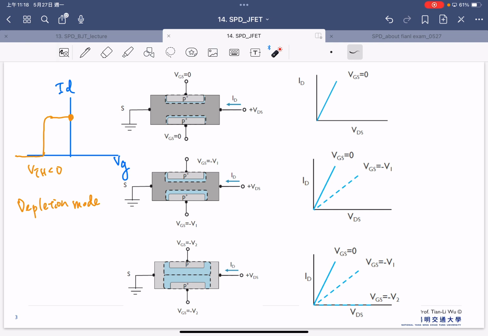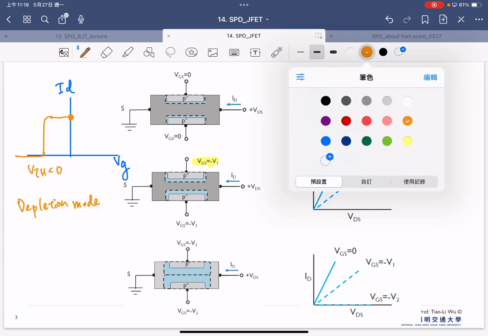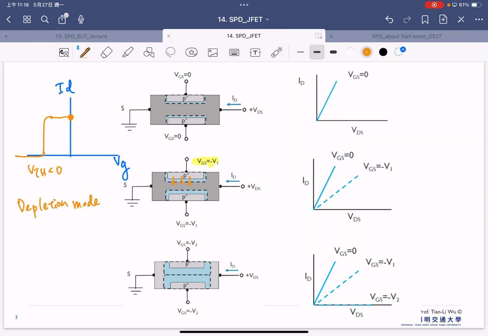So again, you have VGS equal to 0 volt, so you have very limited depletion region, so your electrons can flow from left to the right here. And once you start to apply the negative gate bias, you start to extend your depletion region. Then the electron flow in between is limited. So now you can see your current starts to decrease here.